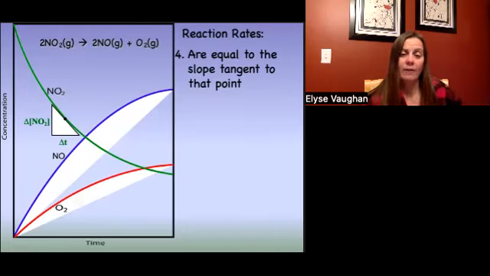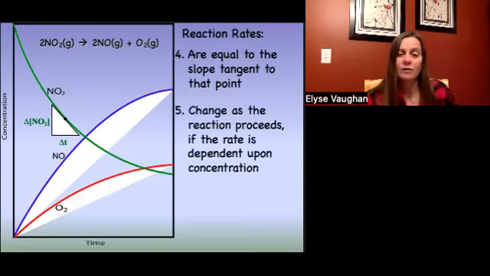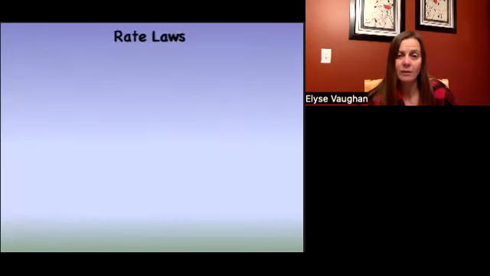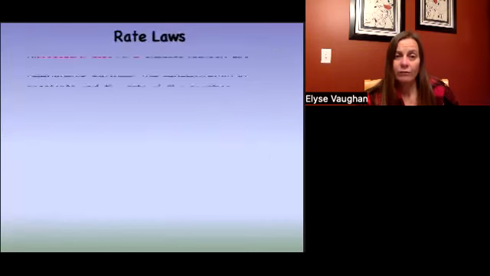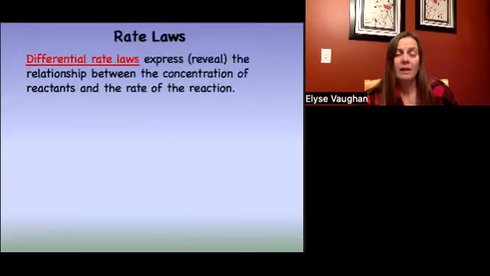So now that we've addressed reaction rates, let's talk about rate laws. So we have two different kinds of rate laws that we talk about. We have differential rate laws and we have integrated rate laws. So today we're going to address differential rate laws, but I do want to just talk about both of them briefly. So differential rate laws express the relationship between concentration of reactants and rate of reaction.